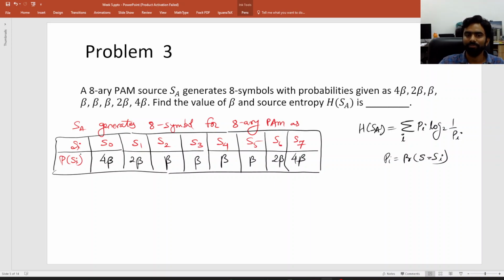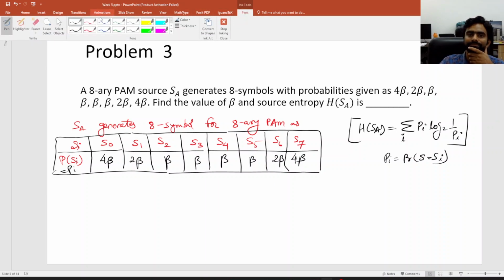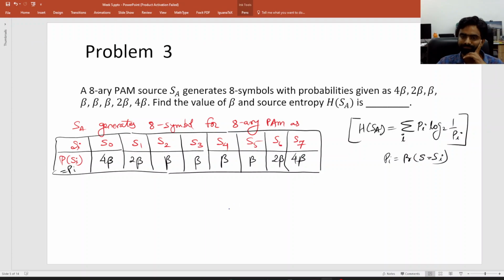If we calculate this probability Pi, then we can easily calculate the entropy. So first we have to calculate the value of beta. How to calculate it? Just think. Those of you who have solved it can write in the chat box what the value of beta is.